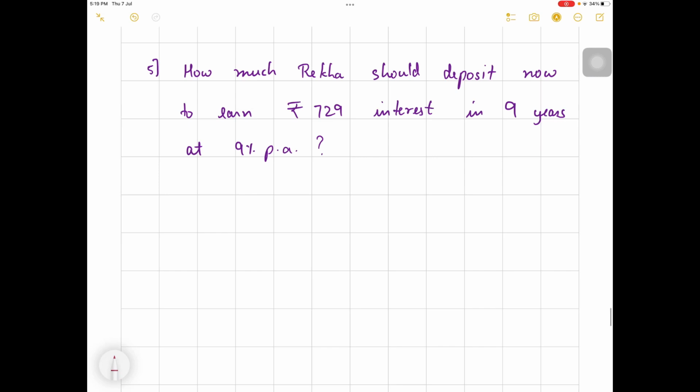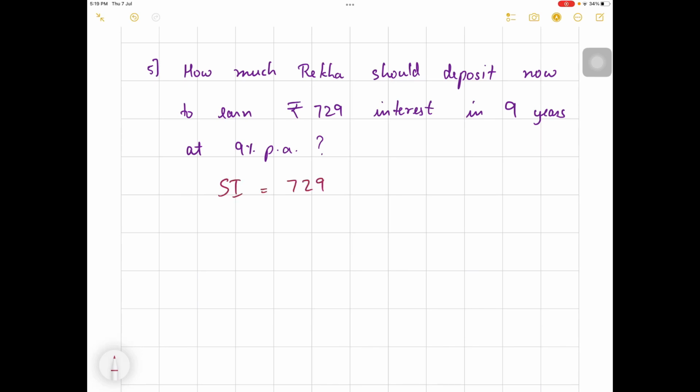Now let's see the next question. How much Rekha should deposit now to earn 729 interest in 9 years at 9% per annum? Now in this case, you know simple interest.